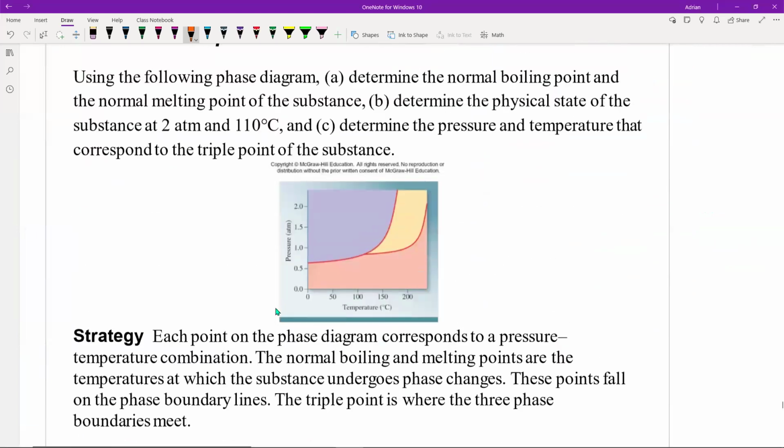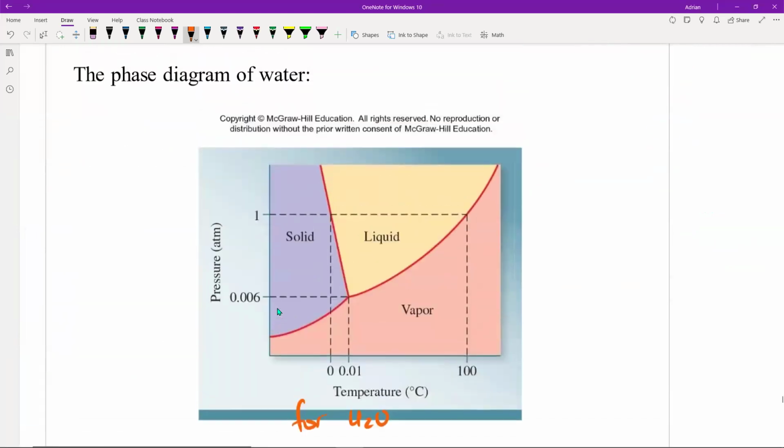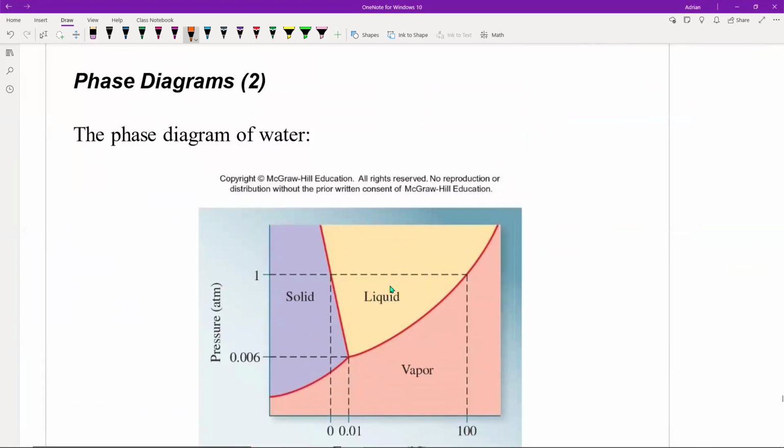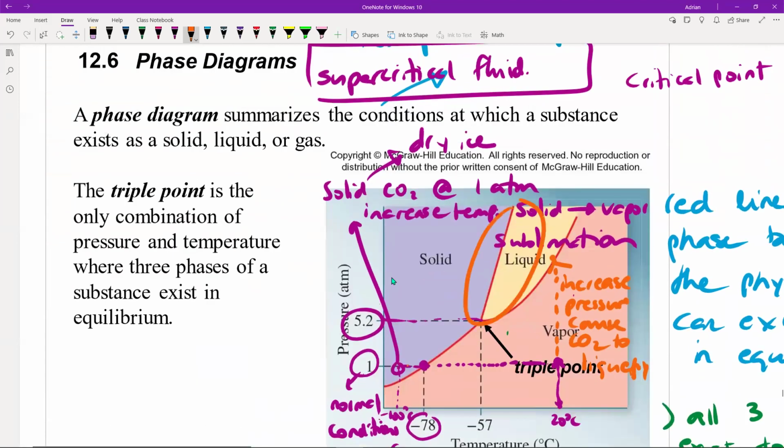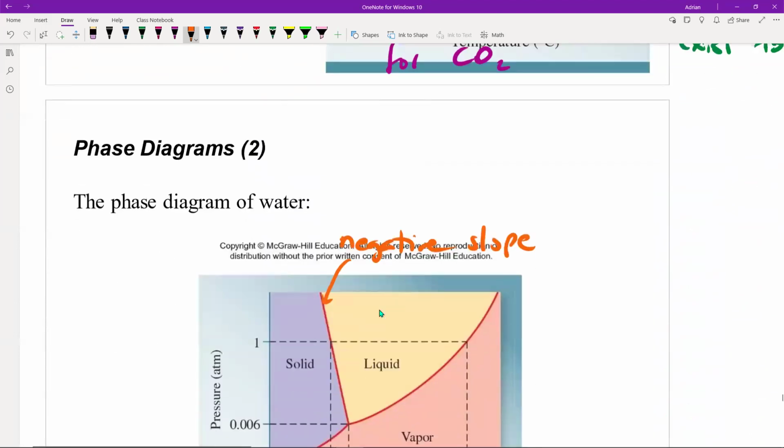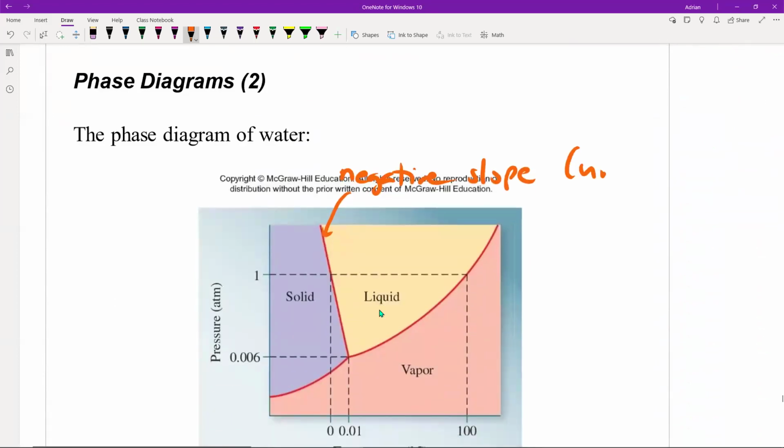But the main difference is that the solid-liquid line for water actually has a negative slope, whereas in the case of CO2, it's a positive slope. In the case of water, that negative slope is very unusual. That's not normal. And it has some implications for how water is going to behave under these different conditions.